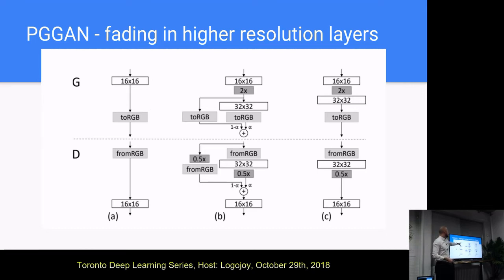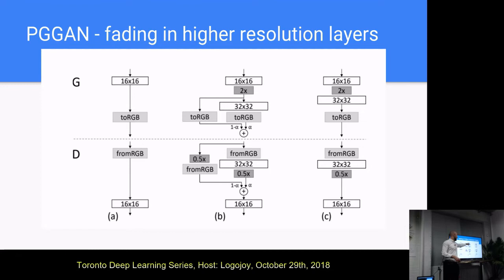When we want to take 16 by 16 and move it to the 32 by 32 resolution, we create this alpha parameter. Alpha goes from 0 to 1, and as training progresses, alpha goes closer to 1 until, when it's at 1, the new layer is fully faded in.